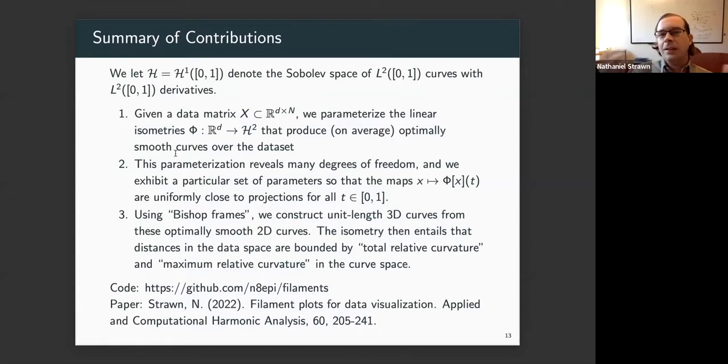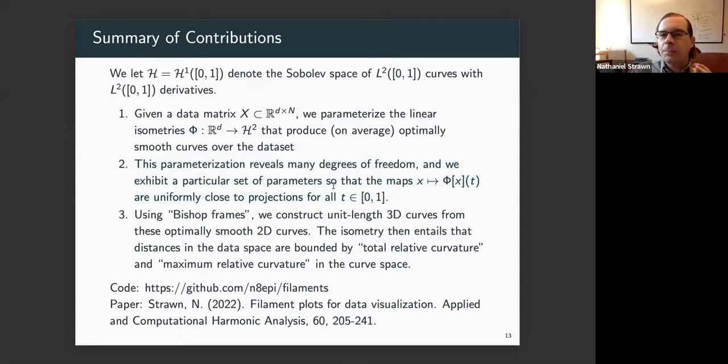So you actually get a lot of these things that are optimal. And then we can say, well, is there a particular member of the parameterization that has some other desirable property? Well, the parameterization reveals many degrees of freedom.